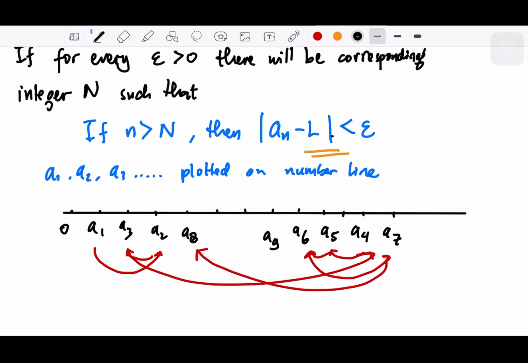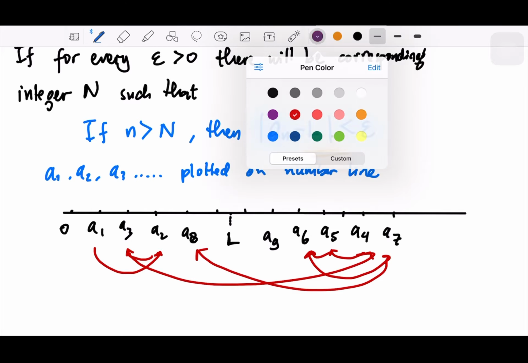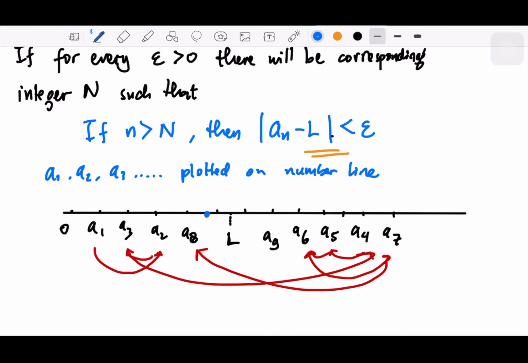So the idea is, I just want to show you that this sequence will be getting closer to some L. Maybe L will be at this point here, and we can write down some values in between, a small gap, that this will be a(n+1), and maybe this is a(n+2).